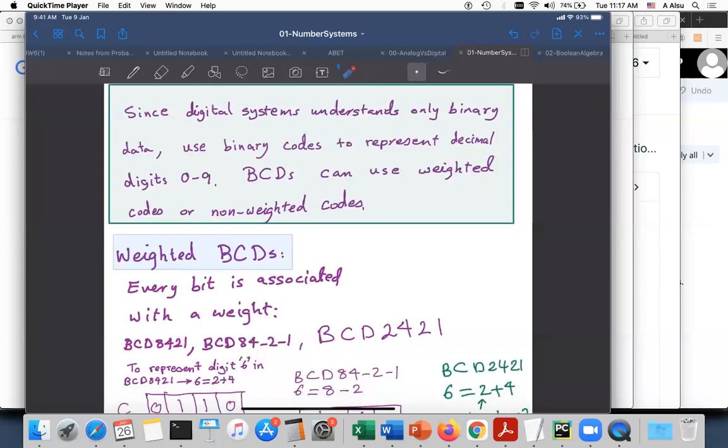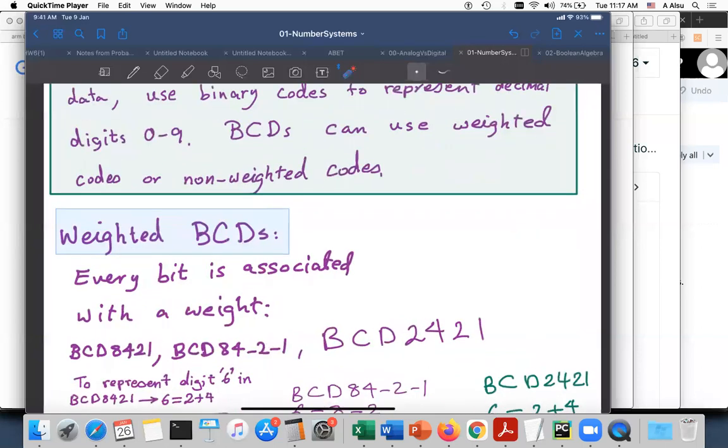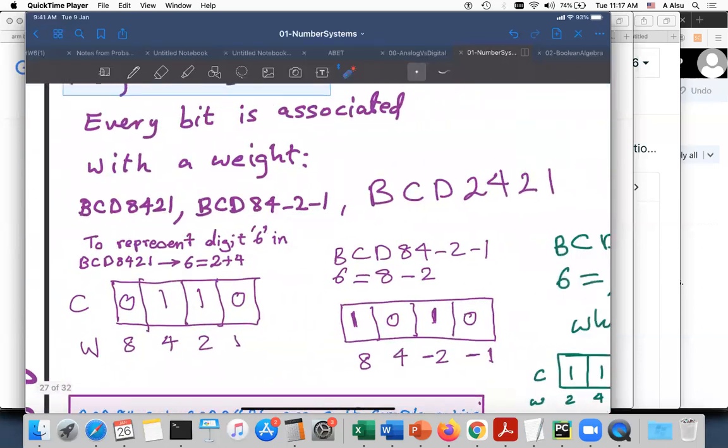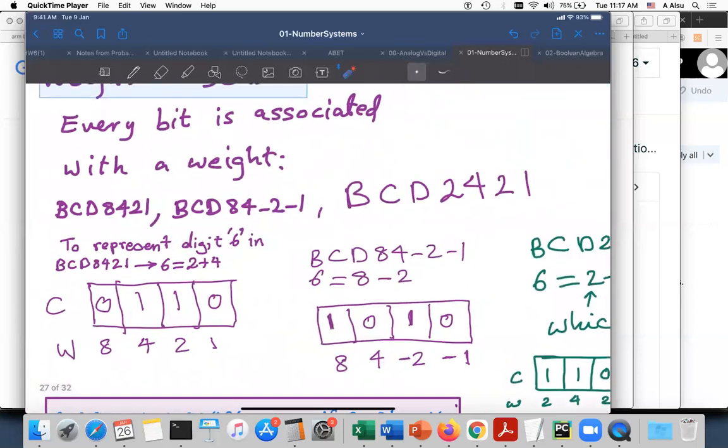So for example, if you would like to represent the digit 6 using BCD 8421, you have to find what 6 is composed of using these weights.